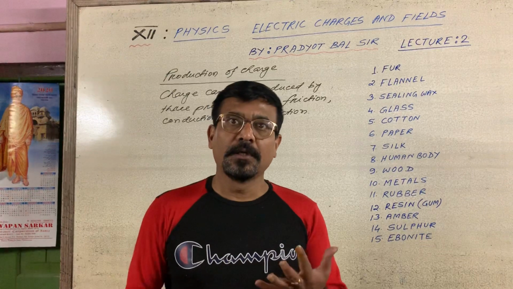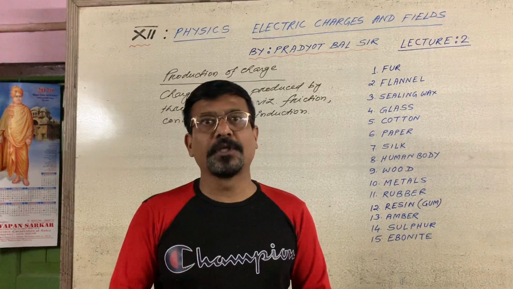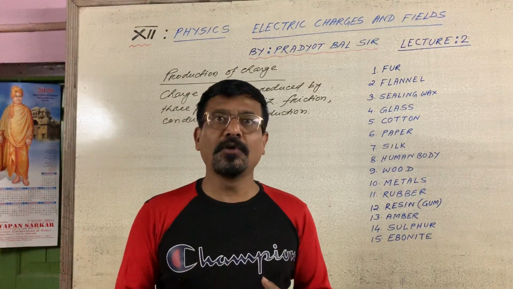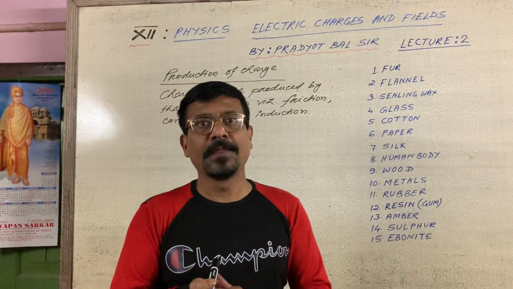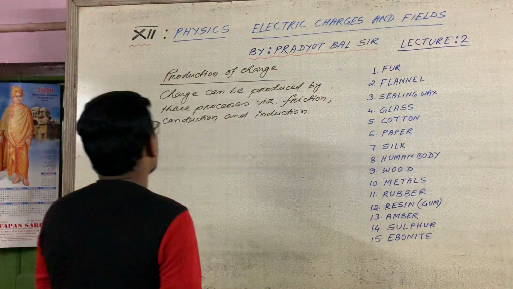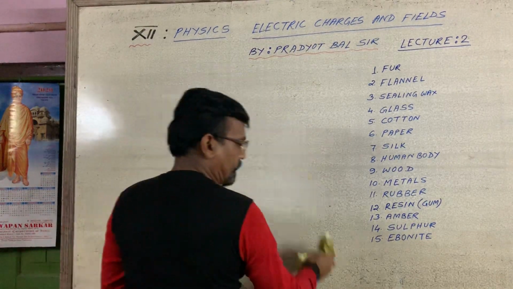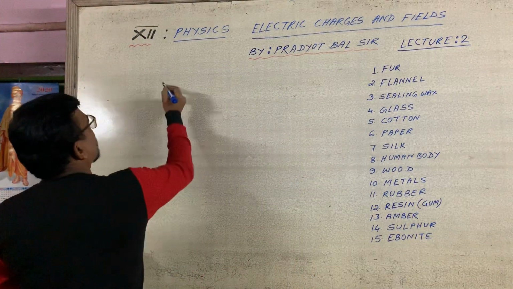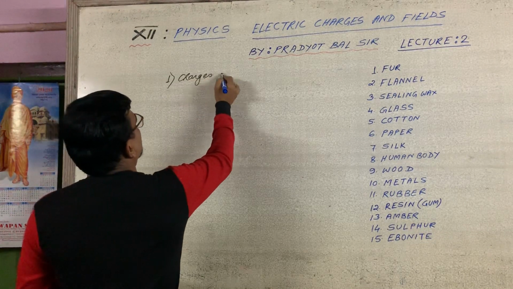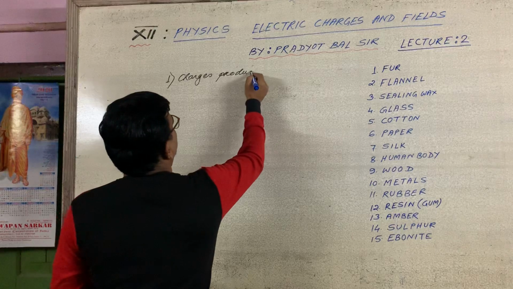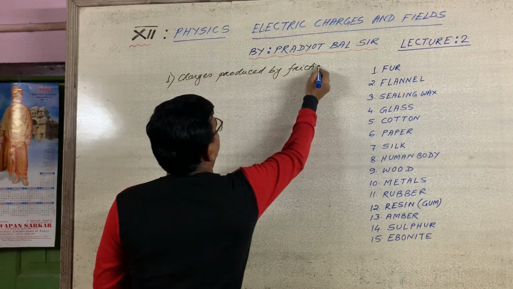Let's see how charges are produced during friction. You all know friction. If you rub your two hands, that is friction. Number 1, charges produced by friction.